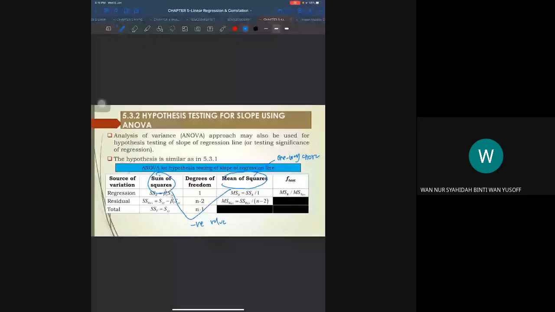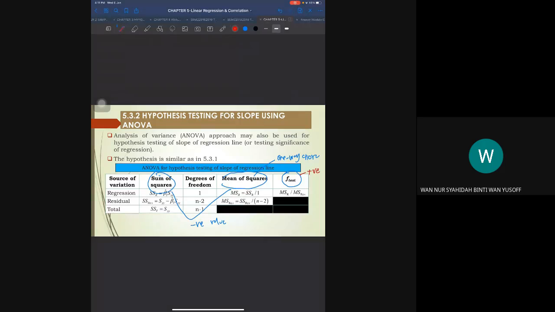But when we calculate the F-test, it must be a positive value. So if you have a negative regression, the residual also must be negative, so that they cancel each other and we get a positive value for the F-test.